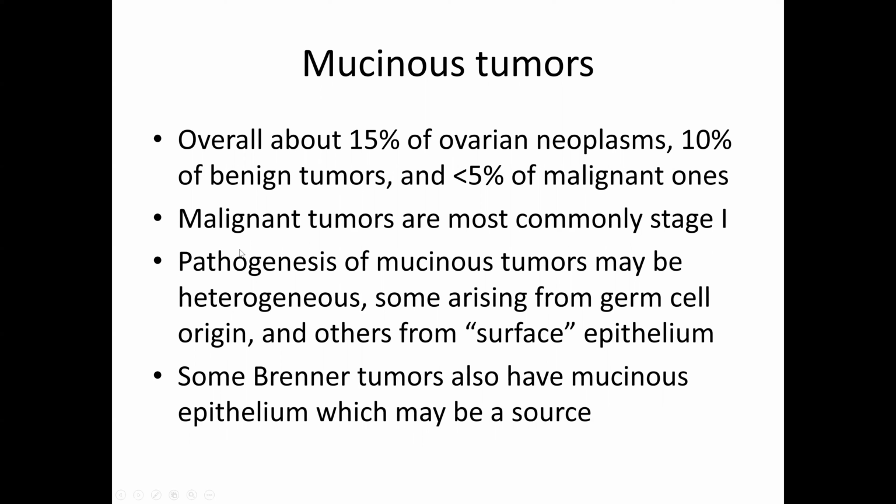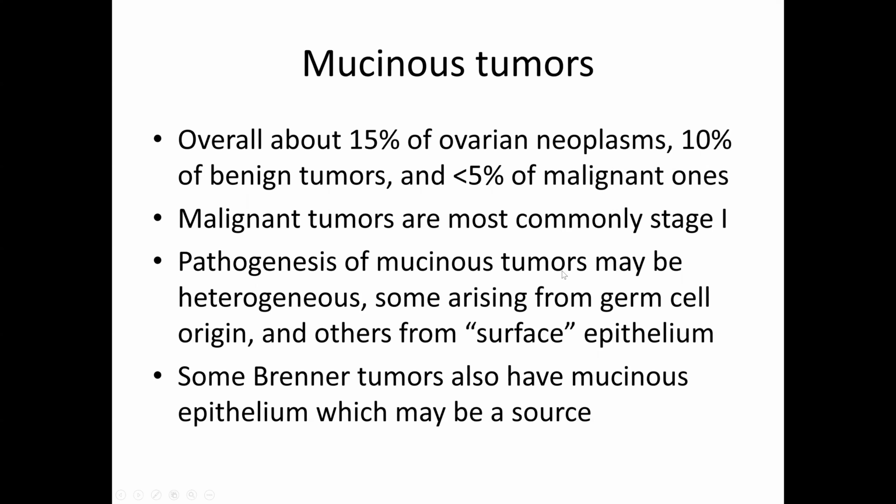Pathogenesis, an interesting question, is probably quite varied, and that may not be surprising given that we have lots of other areas where mucinous epithelium arises, in the urachus, in the bowel, in the lungs, salivary glands, cervix, and so on.